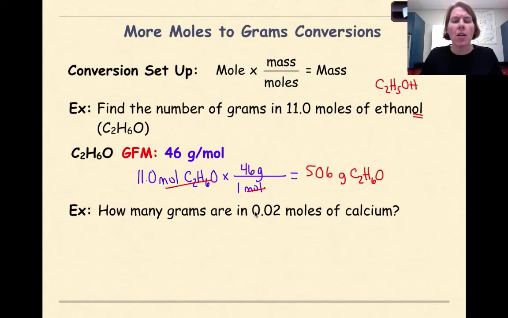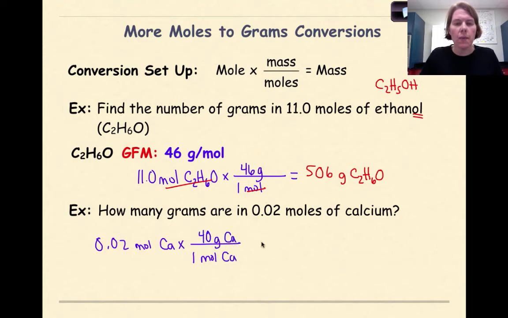How many grams are in 0.02 moles of calcium? So now we're just working with a single element. 0.02 moles of Ca, multiplication sign and a line. In 1 mole of Ca, there are 40 grams of calcium.